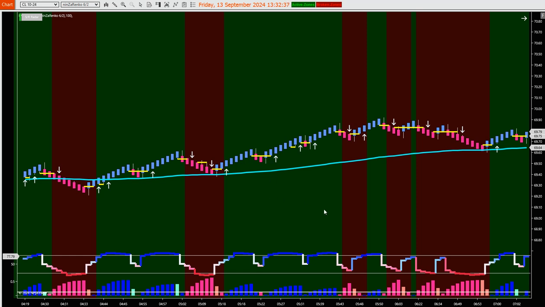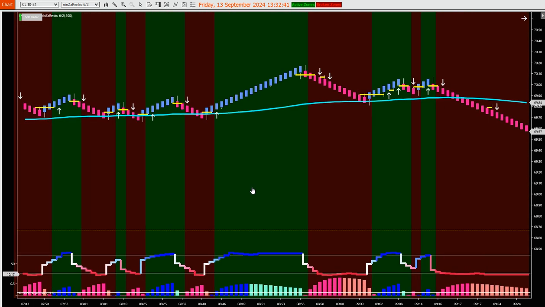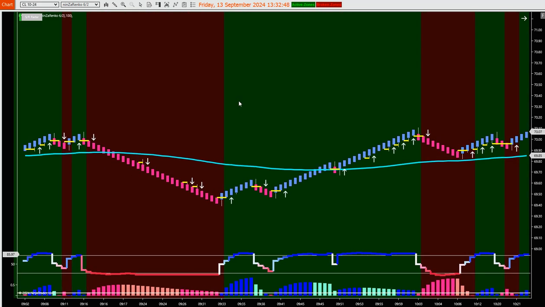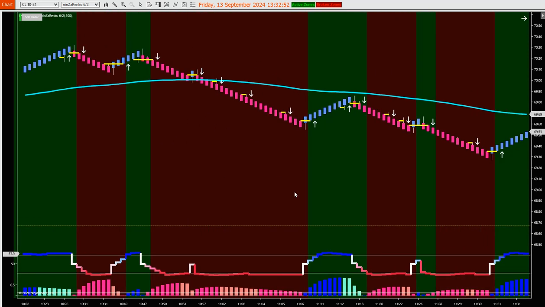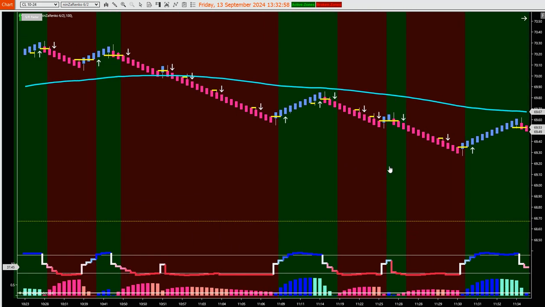Winner, winner. Oh, we're at 5. See, so we had like 3 losses all day. If you would have played the arrows and the EMA, you would have had 3 losses on CL all day. So just figure out what works for you. I prefer not to trade the arrows, but like I said, you would have had 3 losses.